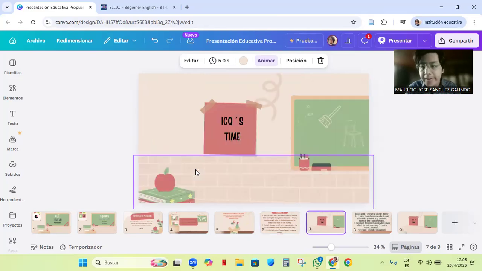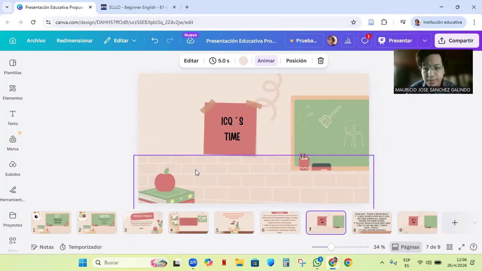Now it is time for ICQ, instruction checking questions. So let's see. Amber, is this an individual or collaborative work? Perfect. It's individual. Well done. Now, how many times are you going to listen to the audio? Alison, please. Perfect. You're going to listen to the audio 3 times. Well done. Now, in the first 2 times that you're going to listen to the audio, what do you have to do?